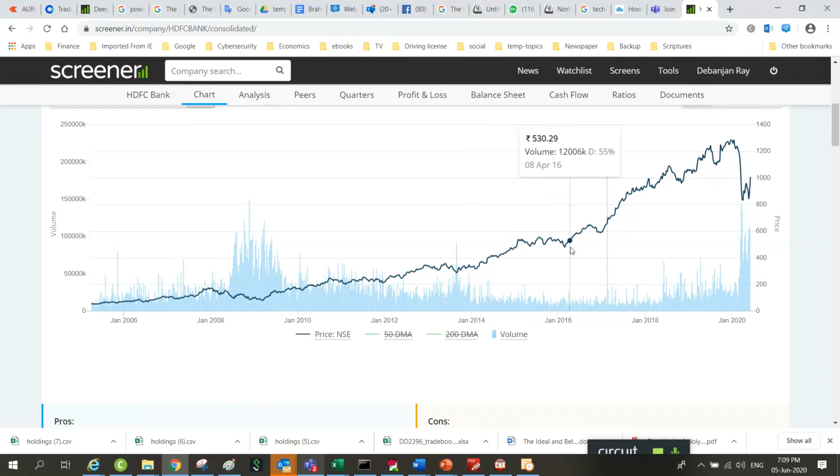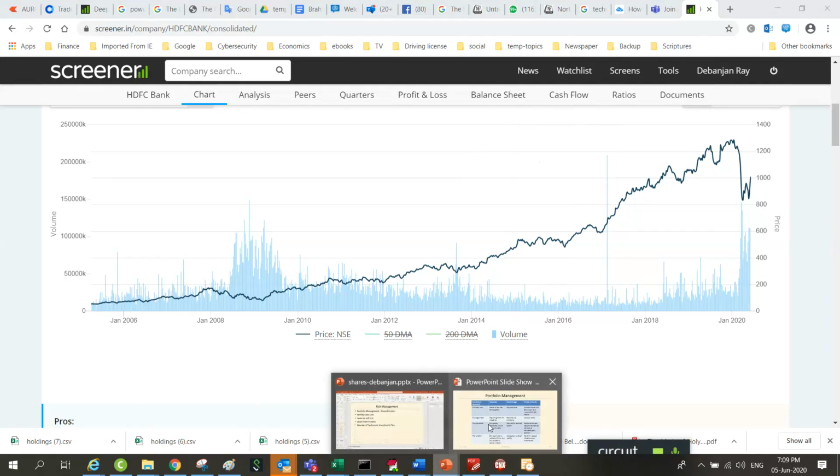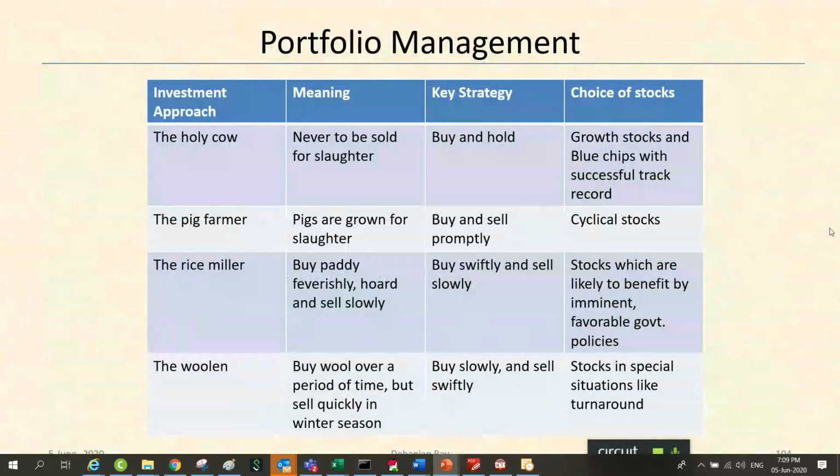You will not make money because the stock price is not moving. So the holy cow methodology will not work if you are an aggressive investor. If you are very aggressive, you will always see your money growing. So for a stock which is not giving you much return, you may exit and then invest the same amount in a growing stock.